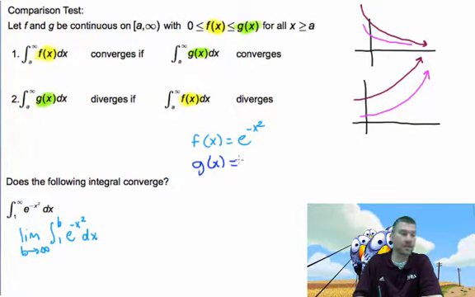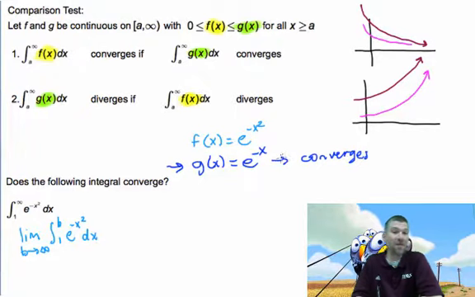So we could say, hey, what about if we picked e to the negative x? If we can show that e to the negative x converges, then since f is smaller, f would have to converge as well.